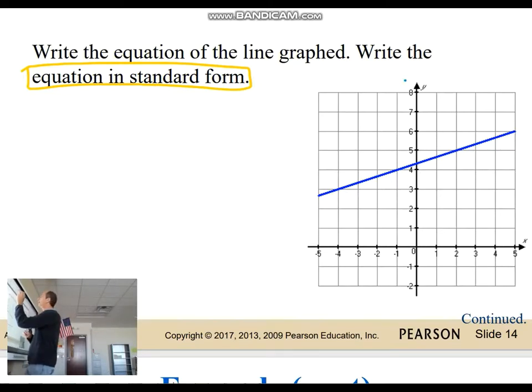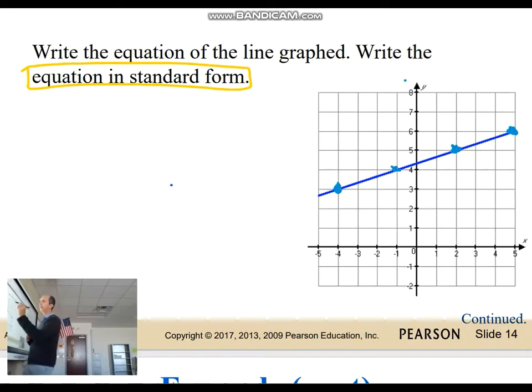So let's find a few points here. This has integer coordinates. This one also has integer coordinates, and this also has integer coordinates. Well, we can work on any of these points. Two sets of points are enough to find the slope and to find the equation of the line.